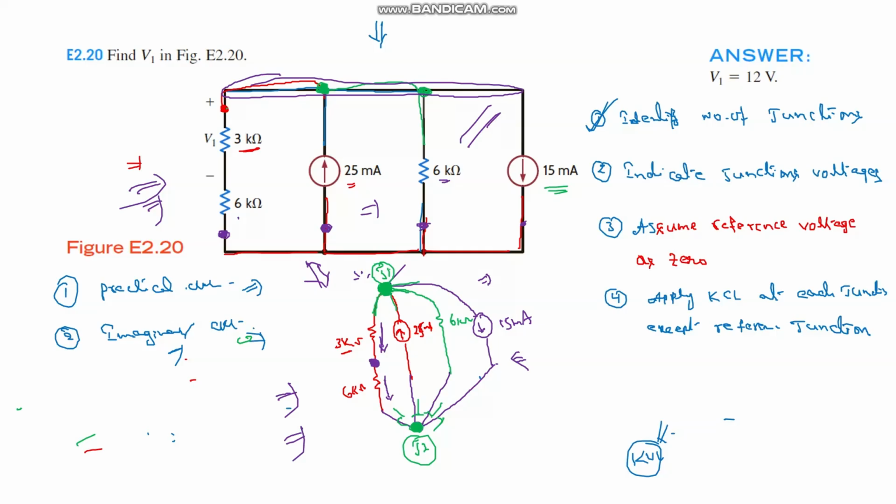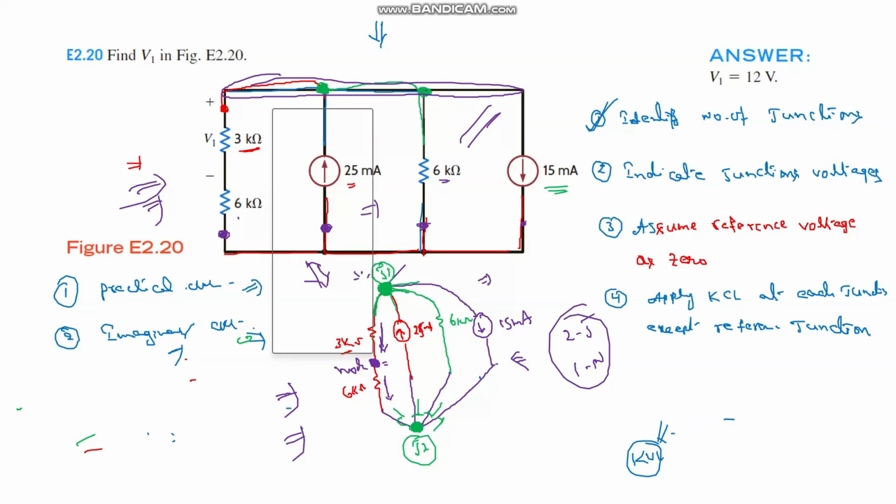That's why the current won't divide at this point, and that's why it is called a node. According to the practical circuit, there are two junctions and one node. Similar to that, the imaginary circuit has two junctions and one node.